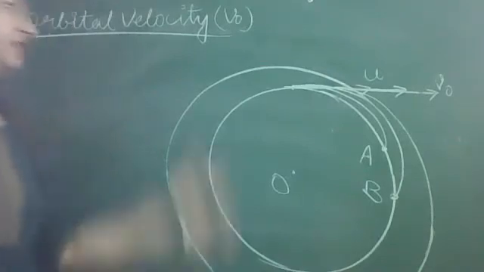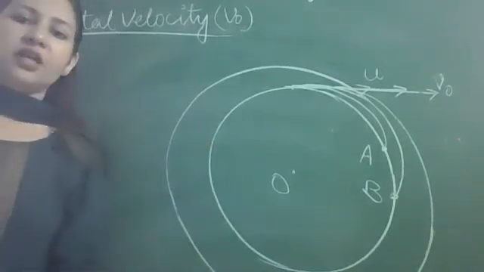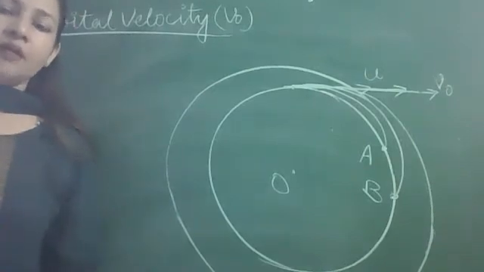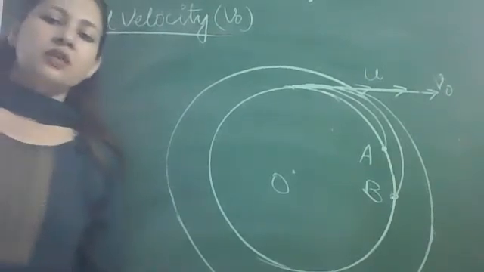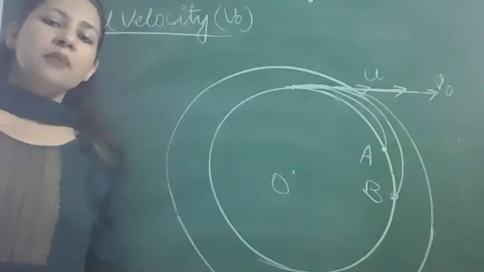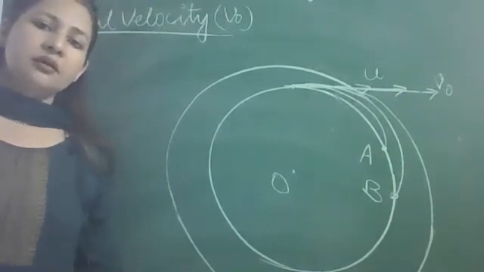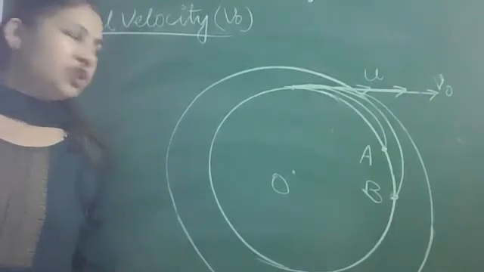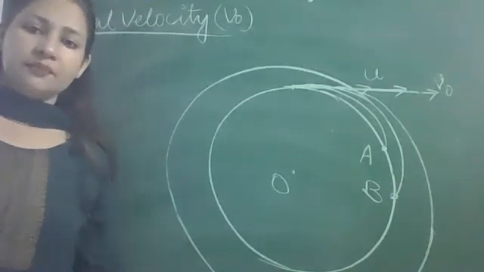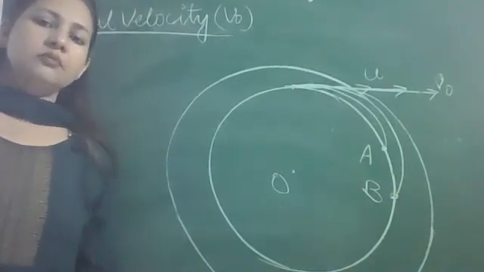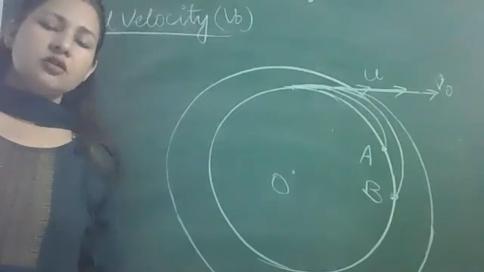Now write the definition of orbital velocity before we derive it. Orbital velocity VO: minimum initial horizontal velocity, minimum velocity provided in the horizontal direction.